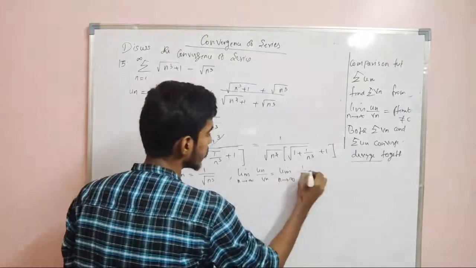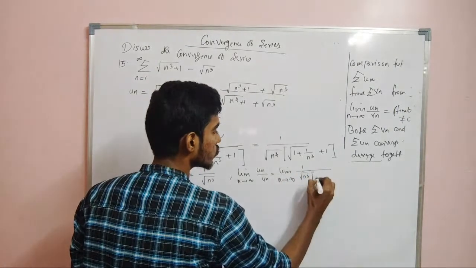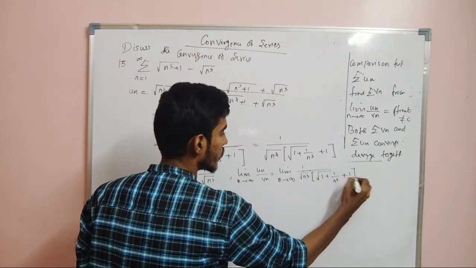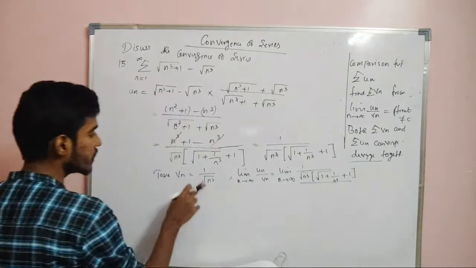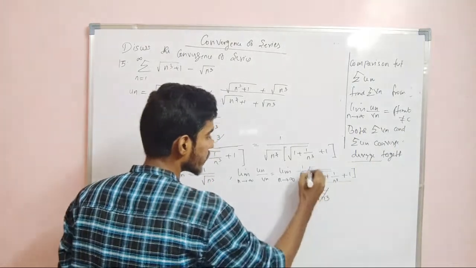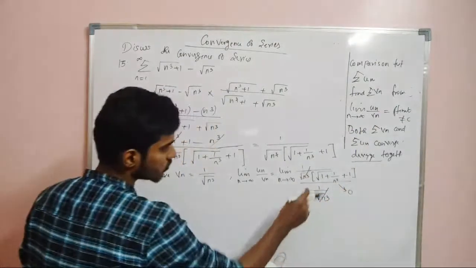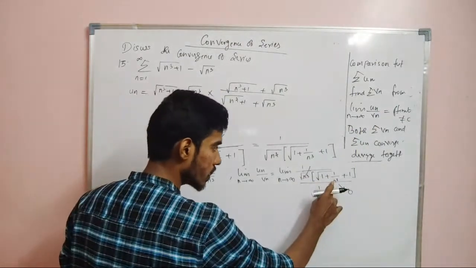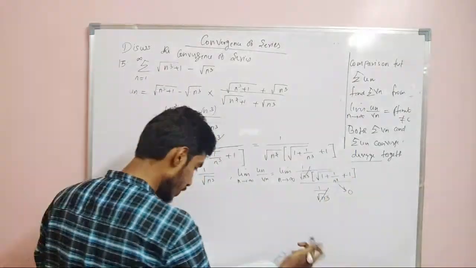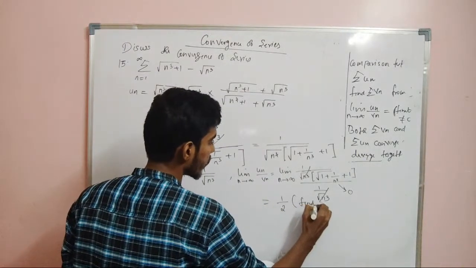So we take root n cube into square root of 1 plus 1 by n cube plus 1, divided by bn, which is 1 by square root of n cube. So these two will get cancelled. As n tends to infinity, this term will tend to 0. So we will have square root of 1 plus 1. Square root of 1 is 1, so this will be 1 by 2, which is finite and non-zero.